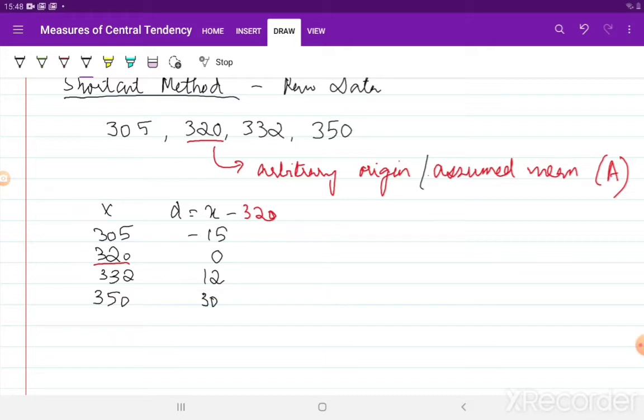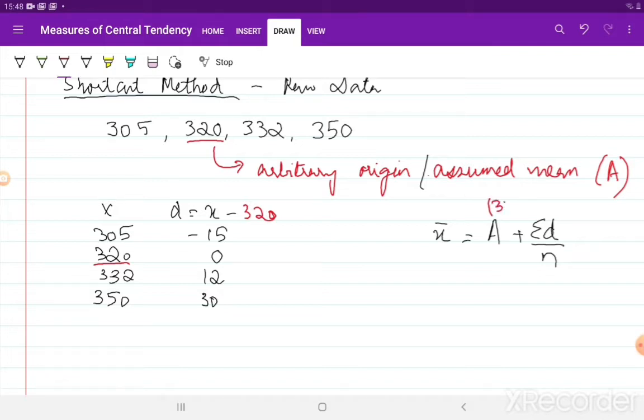Now in the shortcut data, the formula for x bar is assumed mean A plus summation D divided by n, where summation D is the sum of deviation from the assumed mean and A is your assumed mean 320.